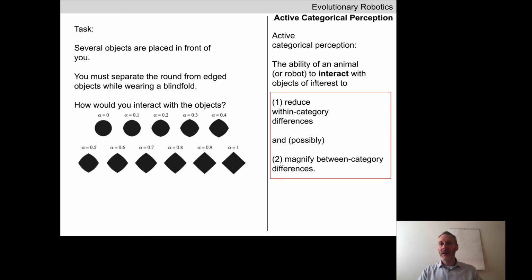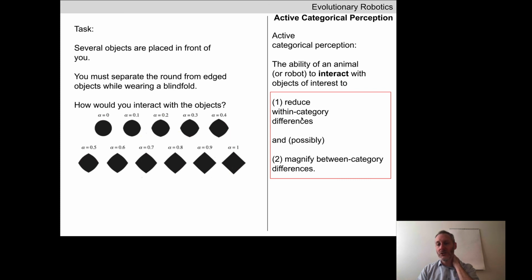For any given set of objects, we want to try and understand how those objects are compressed into one category, like rollable or not rollable. So active categorical perception is about learning the ability to perceive categories, but to do so in an active manner, to choose what to do to cause these categories to emerge.